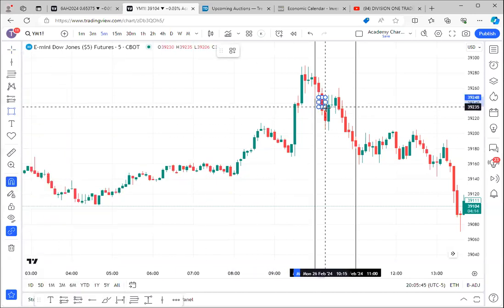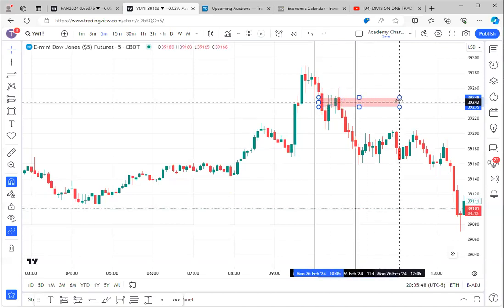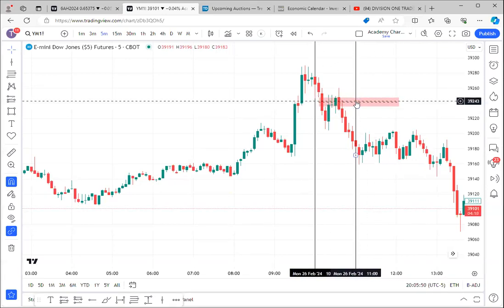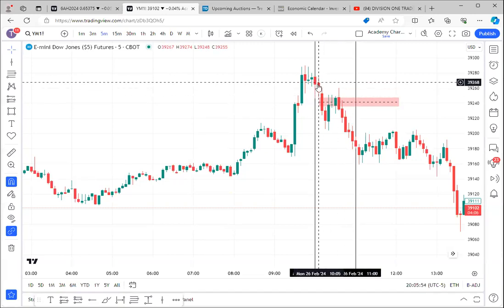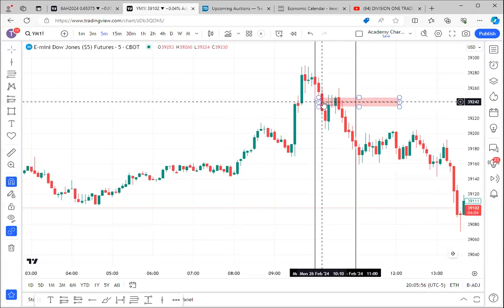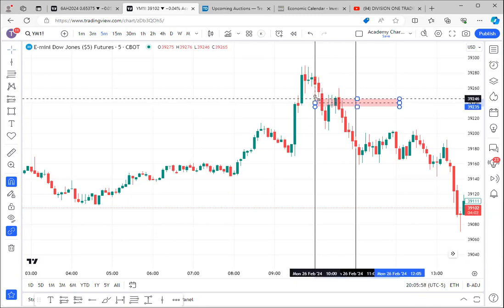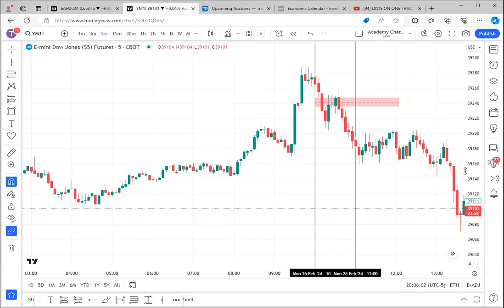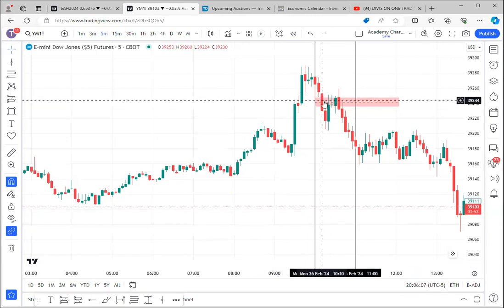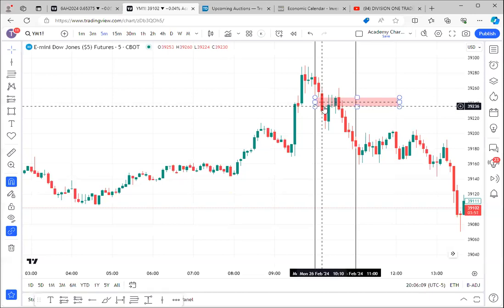So right here, we form a fair value gap between 10 and 11 o'clock. So we see that fair value gap right there. That's a bearish fair value gap. Again, if you're not familiar with fair value gaps, go check them out on the free course. So once we created this bearish fair value gap, we know that we can start looking for shorts.